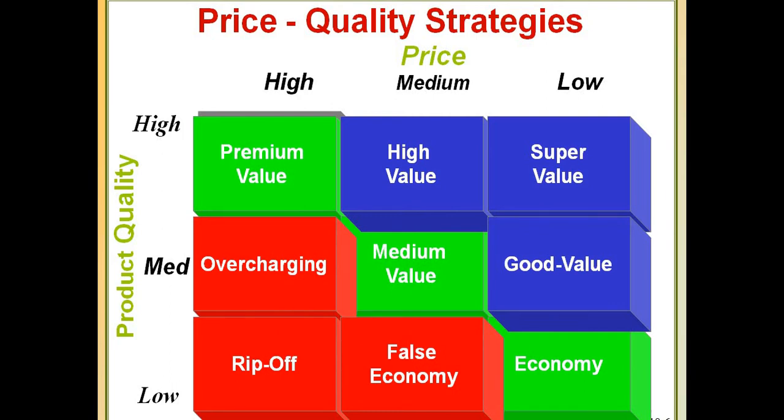So these are all the permutations and combinations based on the price and what kind of message you are sending to the customers. For example, in case you keep a high price yet you are offering low quality, it will send a message to the consumers that you're ripping them off or overcharging them.